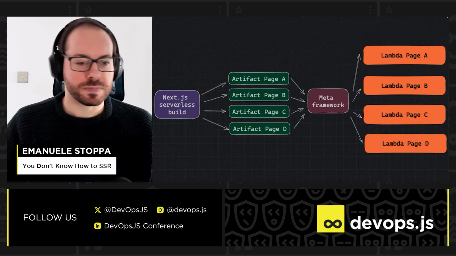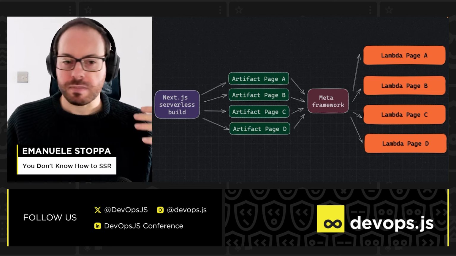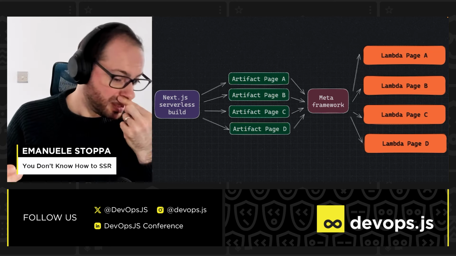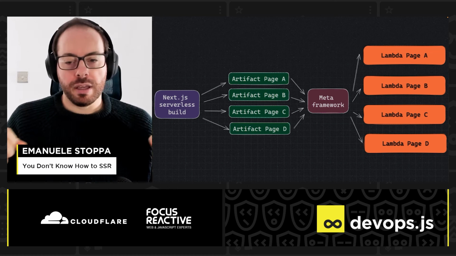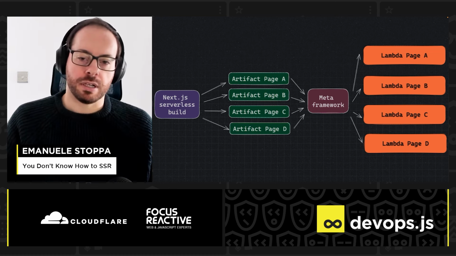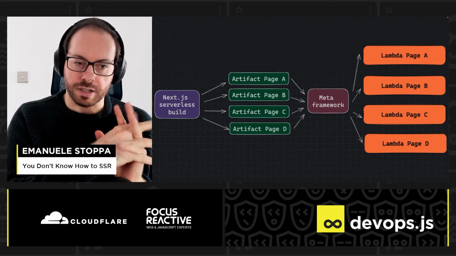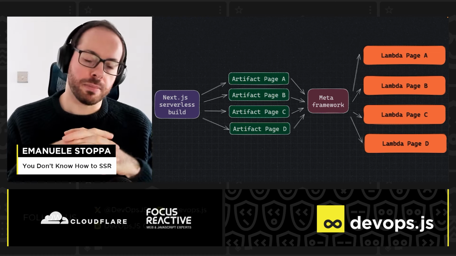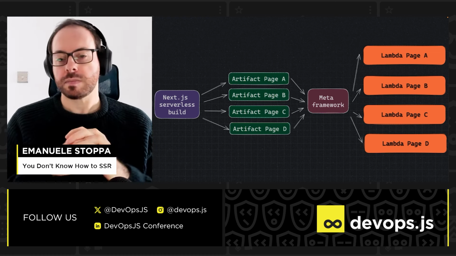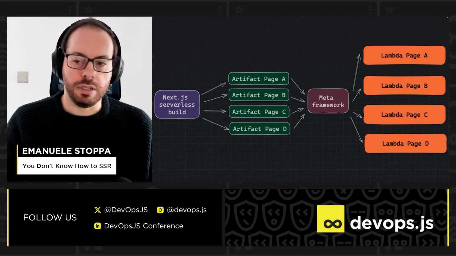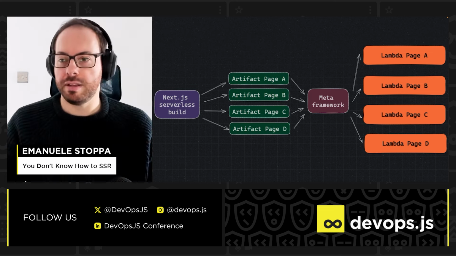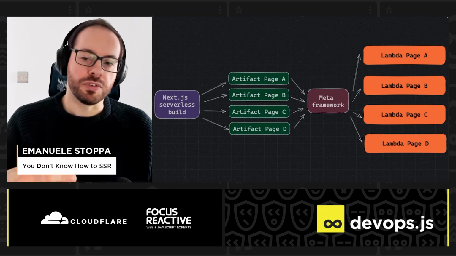All right. So Next.js, as I said before, creates this artifact for each page. Then my meta framework essentially hooks the Next.js serverless build. So programmatically, we run the build. And this build gives me all the information needed to actually create a lambda for each page.